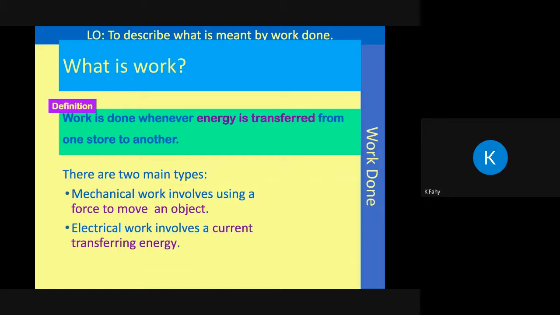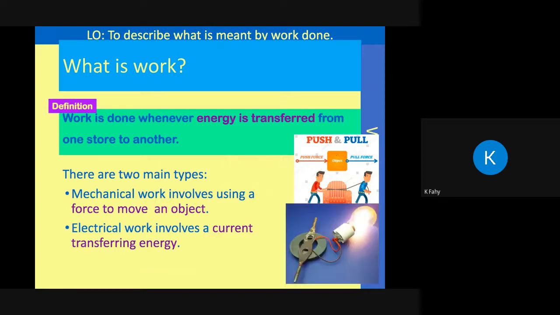We've got 2 main types: mechanical and electrical. In our first lesson, we listed 4 types, but today we're just looking at our 2 main ones. Mechanical is where a force moves an object, and electrical is where a current transfers energy. If you've not got your definition down, pause the video and write it down now.